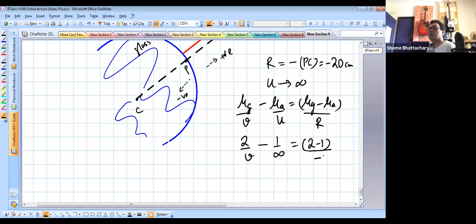We'll see that v comes out to be minus 40 centimeters.